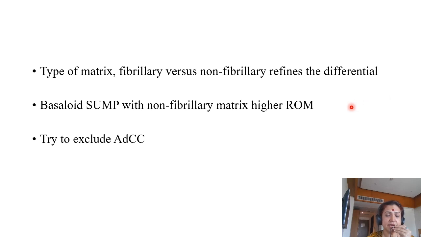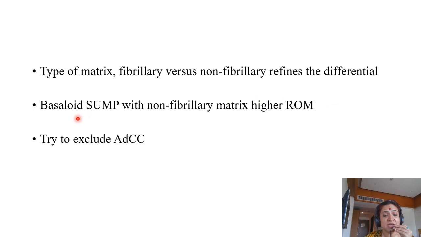So in this scenario, the type of matrix can give a clue. Fibrillary versus non-fibrillary can refine the differential. For example, with a fibrillary matrix you are not that anxious, because a non-fibrillary hyaline matrix points the direction towards a malignancy like an adenoid cystic carcinoma, whereas fibrillary matrix points towards a more cellular benign neoplasm like your pleomorphic adenoma.